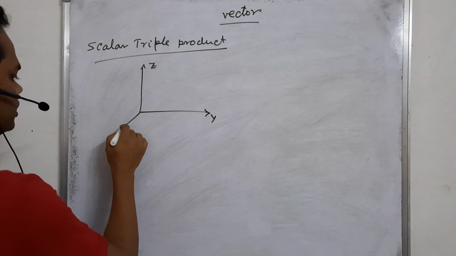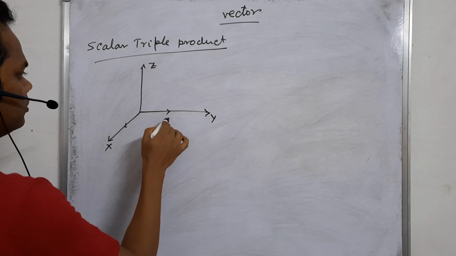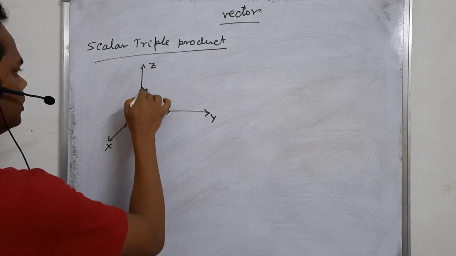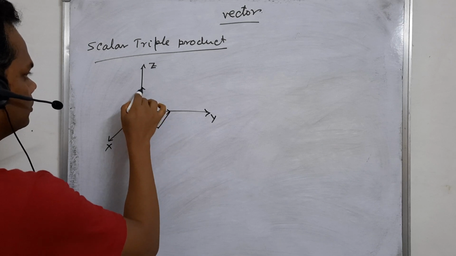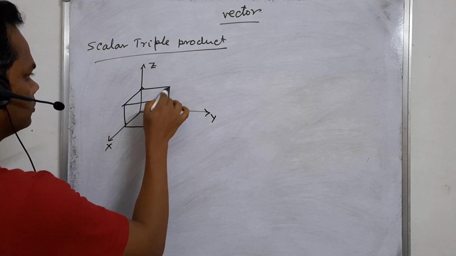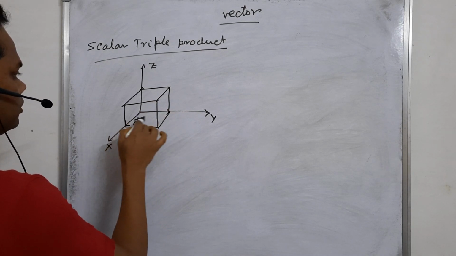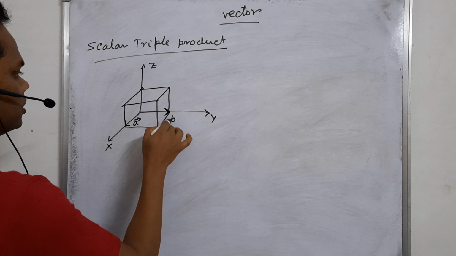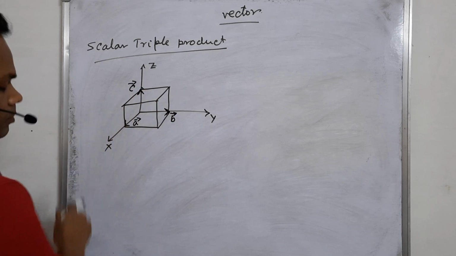If a vector is along the x axis, b vector is along the y axis, and c vector is along the z axis, then this is a cuboid. This one is a vector, this one is b vector, and this one is c vector.